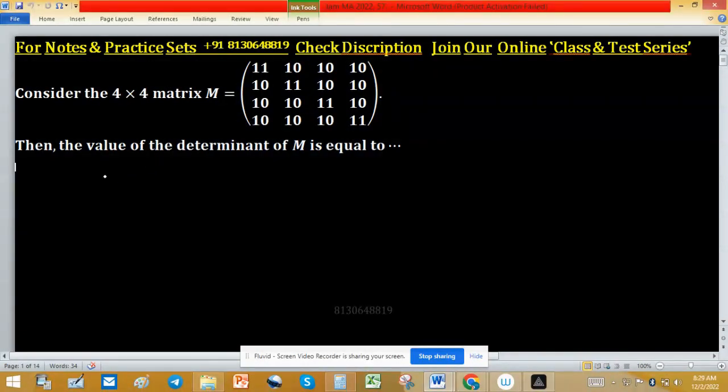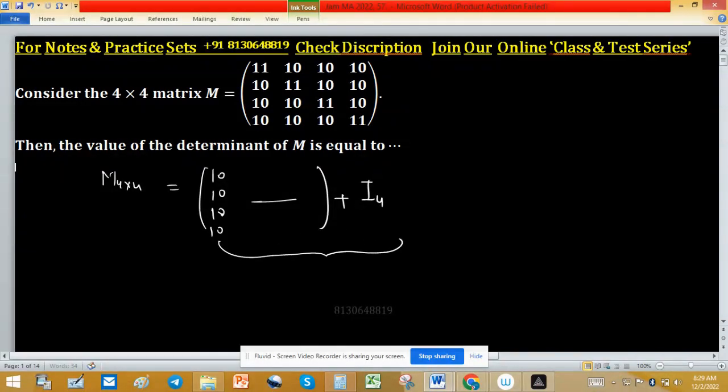Consider a 4 cross 4 matrix M, and you can observe the matrix on my screen. This matrix M you can write as the matrix with all entries 10, plus I4. The sum of these two matrices makes M a 4 cross 4 matrix.